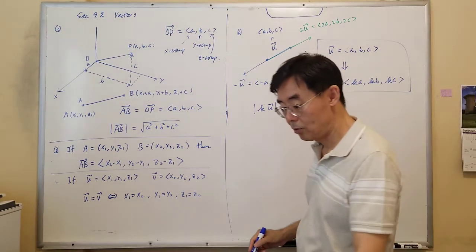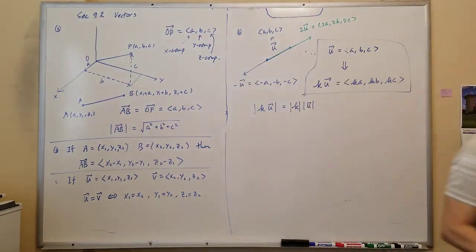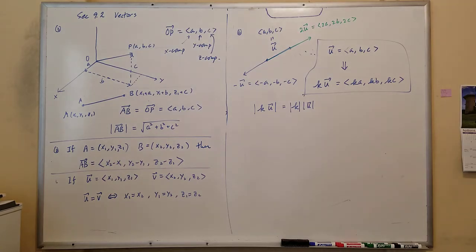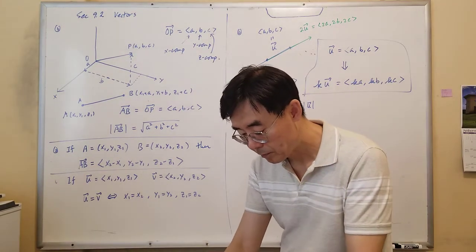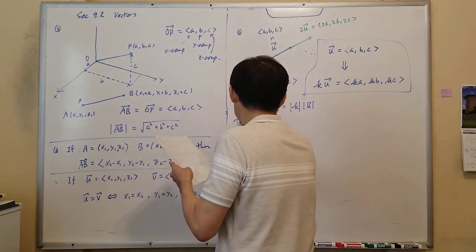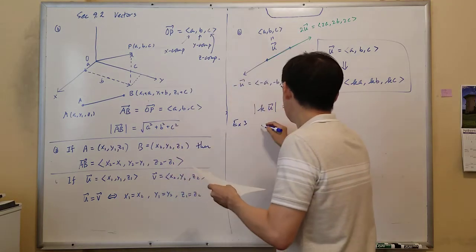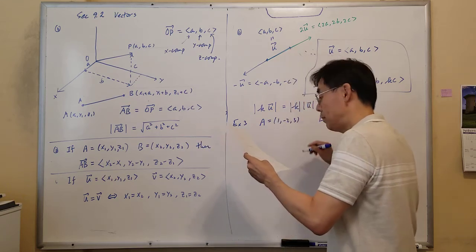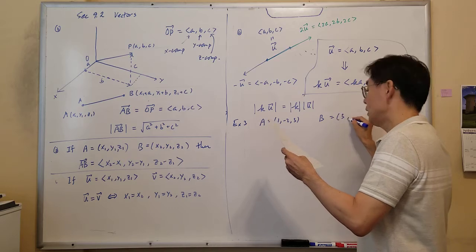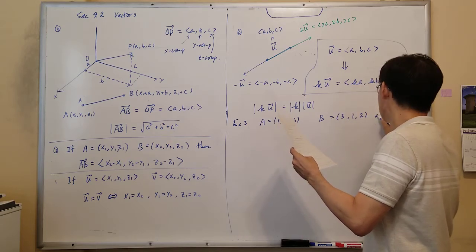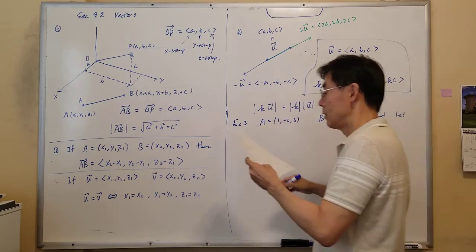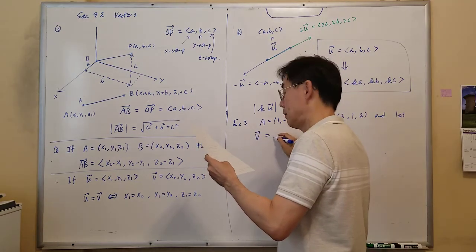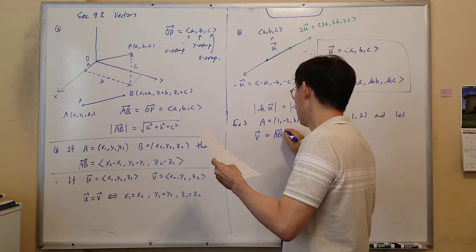So, let's do some examples after I check some PDF. So here, let's say example 3. Let's say point A is (1, -2, 3) and point B is (3, 1, 2), and let b equal vector AB.